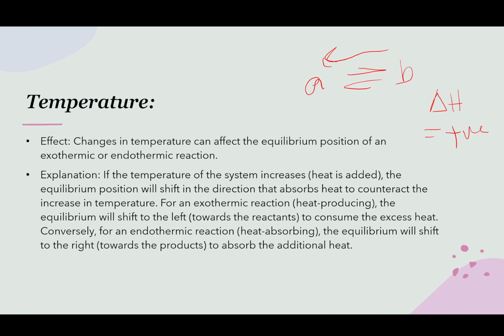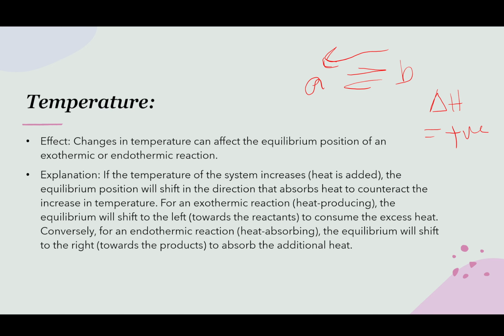So what you guys need to know is that if the forward reaction is exothermic, then the reverse reaction is endothermic. Because if you are creating heat in the process, that means the reverse is absorbing heat in the process. So it's really simple like that.